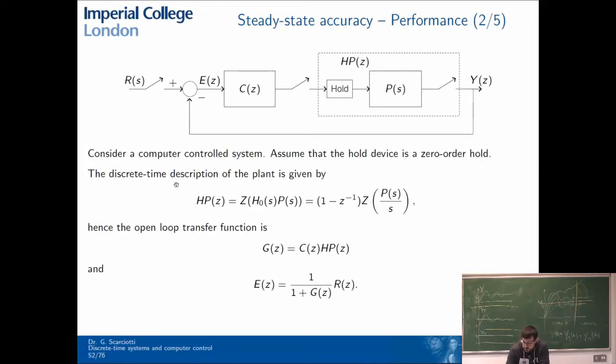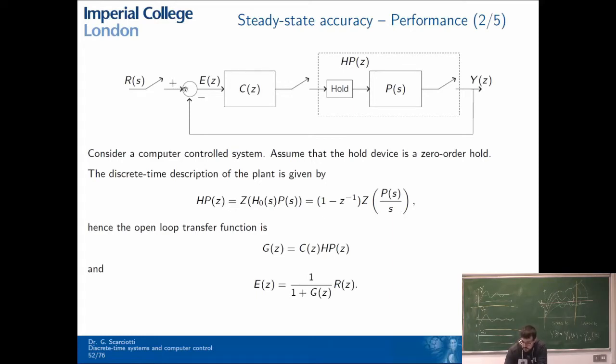So the discrete time description of the plant becomes HP of Z. Because we know that when we compute the Z transform of this system, that corresponds to the Z transform of H0 of S times P of S. And using the properties of the Z transform that we have already seen, this is equal to 1 minus Z power minus 1 times the Z transform of the plant divided by S. So we call this Z transform, for simplicity, HP of Z.